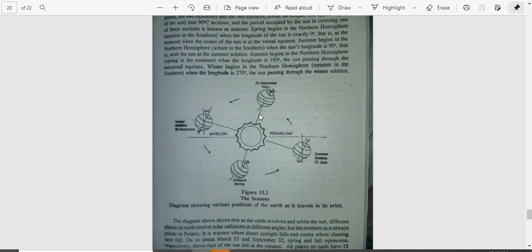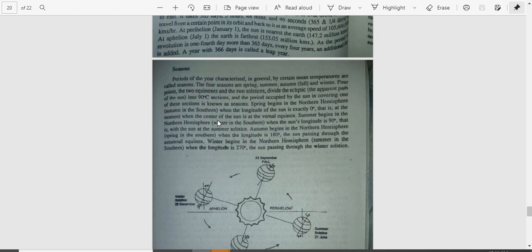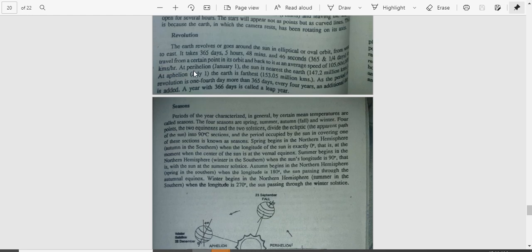Okay, then you have mga phases sa aton nga Earth. The phases is kung diin na siya, in relation sa Sun as the center. So first you have your perihelion. Sa January 1, the Sun is nearest sa Earth. Next is your aphelion.